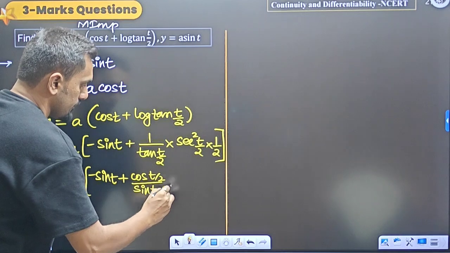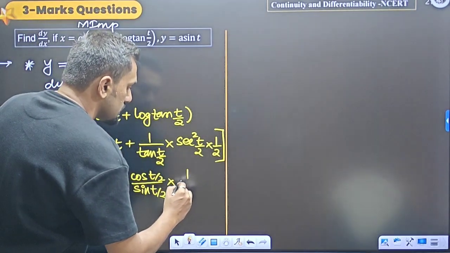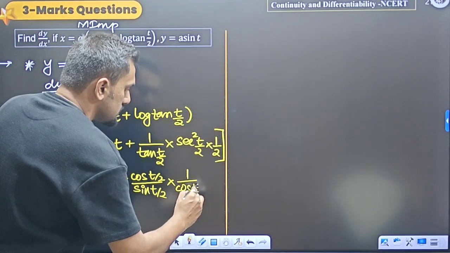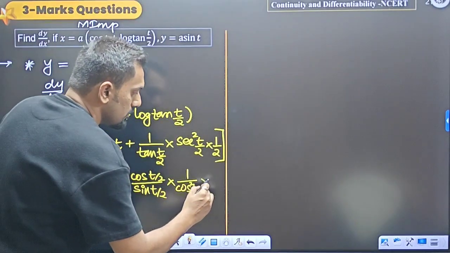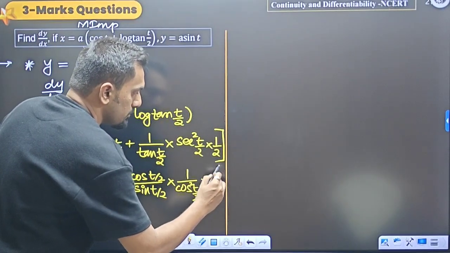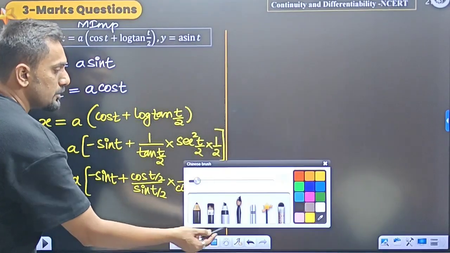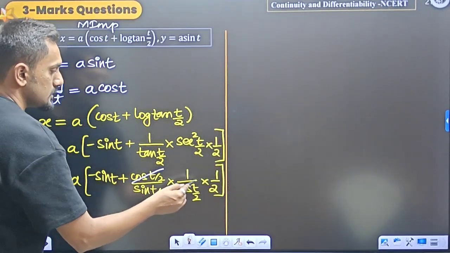This sec square t by 2 can be written as 1 divided by cos square t by 2, multiplied by 1 by 2. Okay, so one cos t by 2 and cos t by 2 get cancelled.